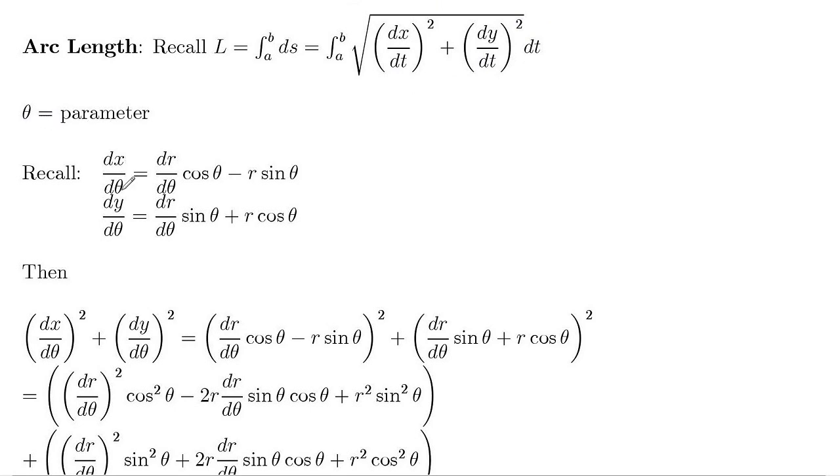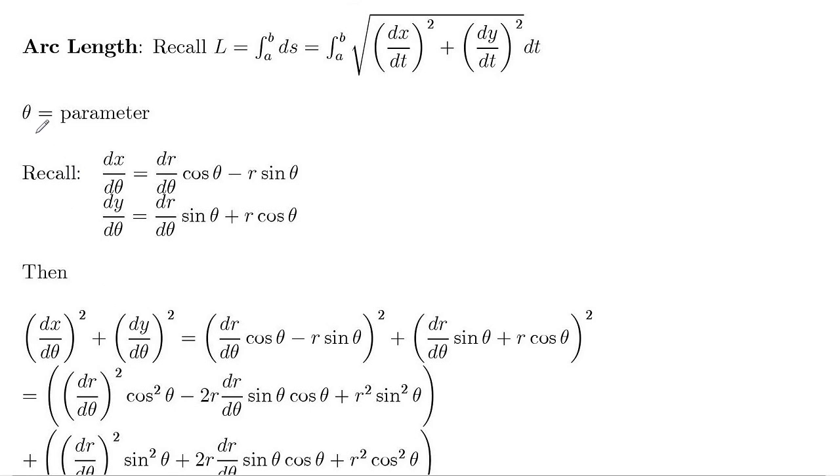Recall that dx/dθ, we did these when we found the slope of a tangent. dx/dθ is dr/dθ cosine θ minus r sine θ. dy/dθ is dr/dθ sine θ plus r cosine θ. So that's the numerator and the denominator of the slope calculation.